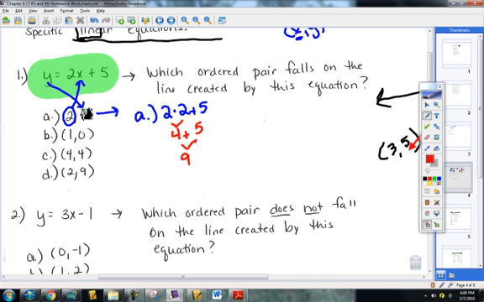Would this be an ordered pair that falls on this line? No, it would not. Now let's understand something. If I look at 2, I'm saying that's my x, and because 2 times 2 plus 5 gives me my y, that means this is my y.